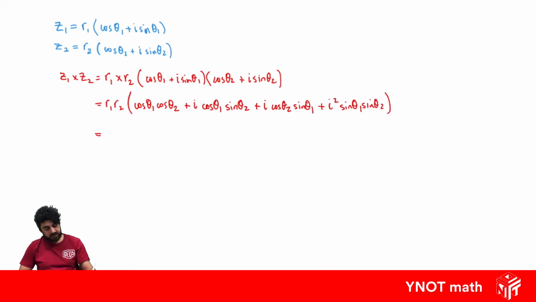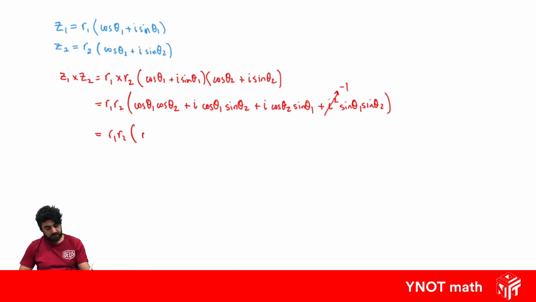See if we can tidy this up a little bit. So we'll have r1, r2. Now, I squared equals minus 1. So then we're going to have, let's think about the real parts first, because these two terms involve imaginary numbers and these two involve just real parts. So we're going to have cos theta 1 cos theta 2 minus sine theta 1 sine theta 2.